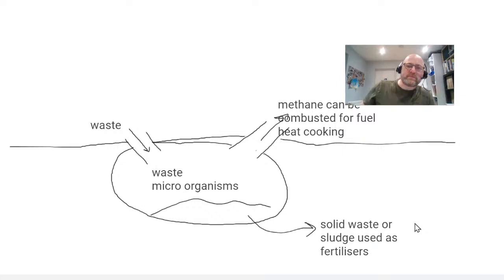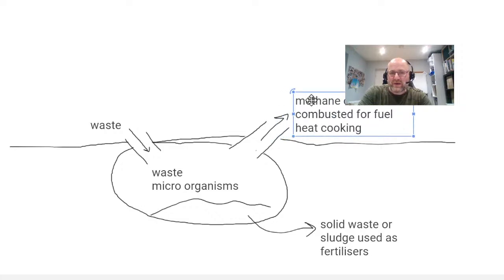So it's kind of useful, really. You can burn the gases that are released, and then you can use the solid waste to spread on your plants and make them grow faster. Methane, you can just call it biogas in AQA. It's obviously a hydrocarbon from chemistry that you burn in a combustion reaction. But yeah, that's a simple biogenerator.